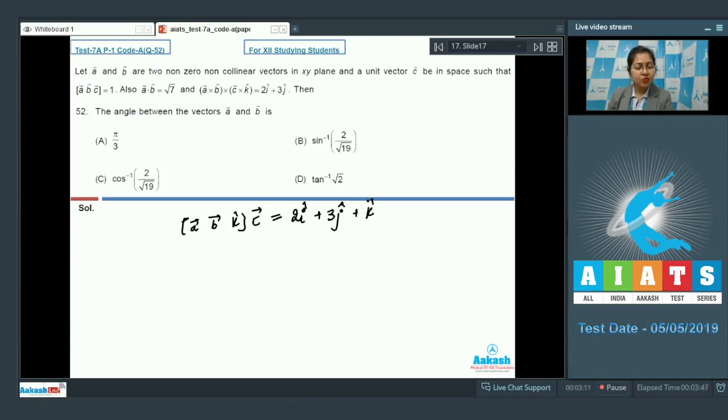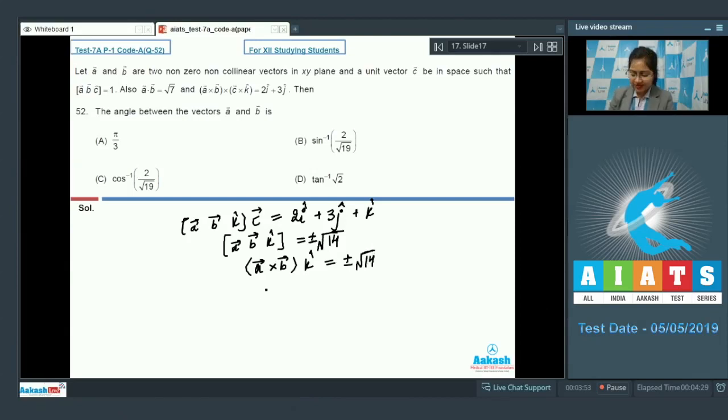If we take magnitude on both sides, we will get [A, B, K cap] equal to under root of 4 plus 9 plus 1, that is root 14. Rather, it will be plus minus root 14. So this is equal to A cross B dot K cap, which is equal to plus minus root 14.